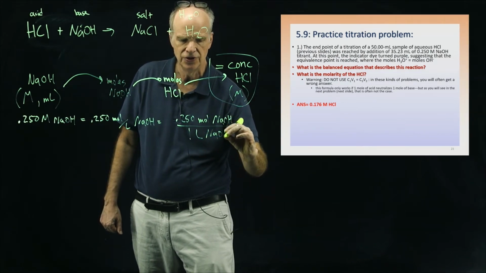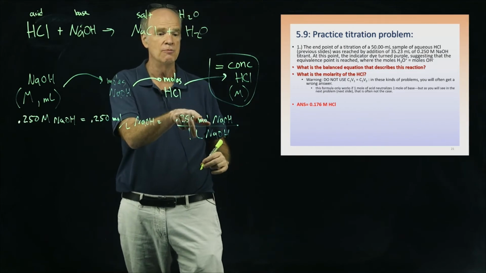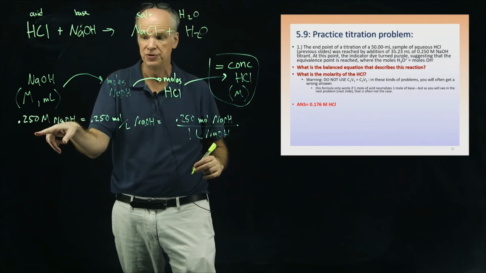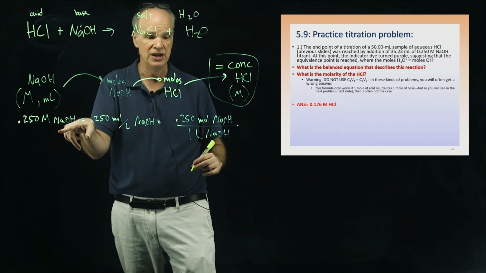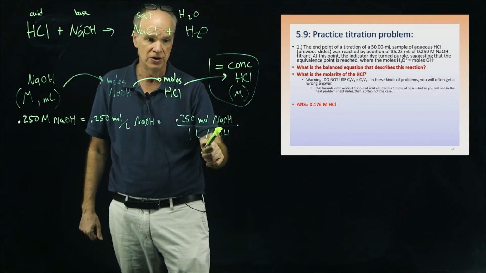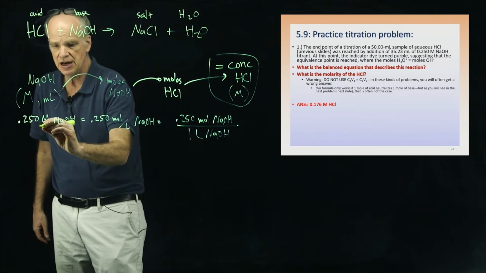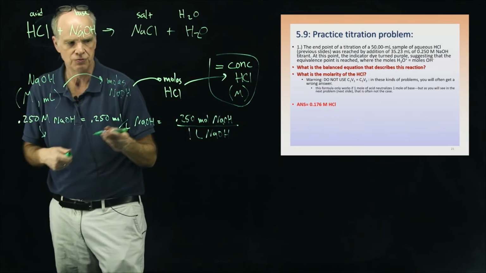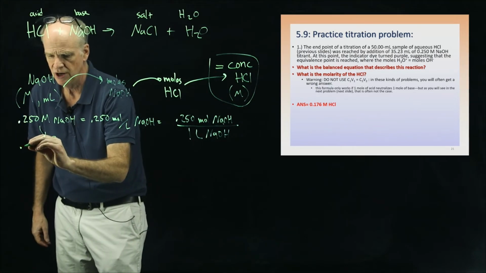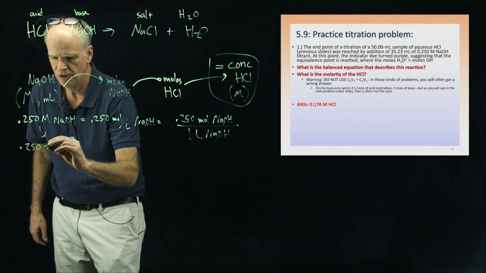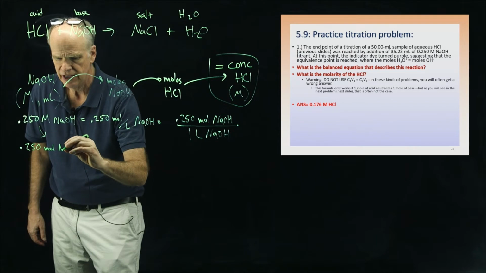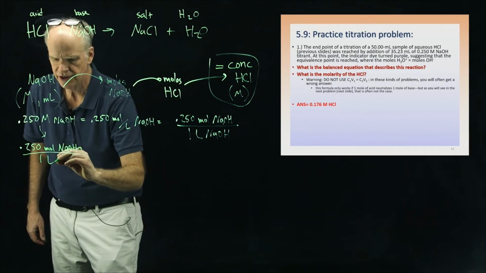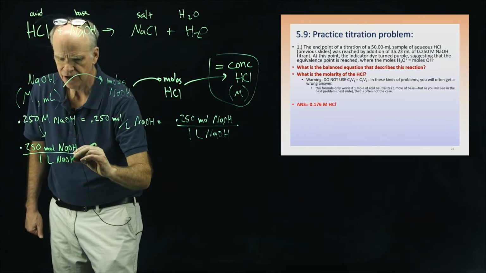So you're allowed to do this. That is the same as 0.250 molar NaOH. So when we see that we have 0.250 molar NaOH, what you should write is 0.250 mole of NaOH over 1 liter NaOH. Okay, so that's our starting point.